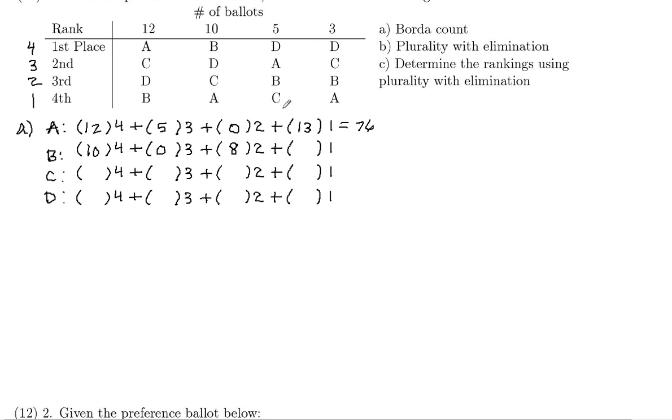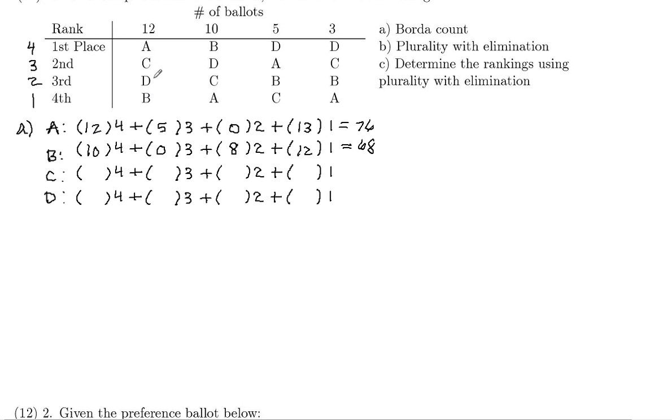And fourth place votes for B, looking in the fourth place row, 12 ballots. So this is 40, plus 0, plus 16, and plus 12. And that's 68. So 68 points. So far A is winning.